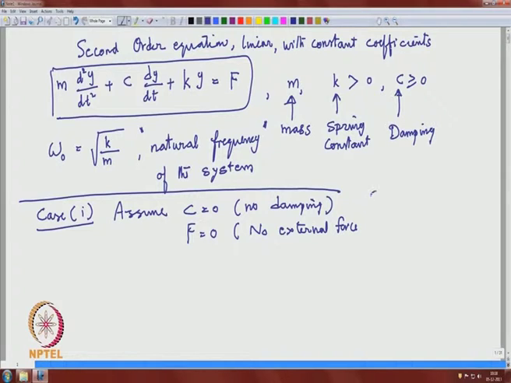So this is the situation: free undamped motion.